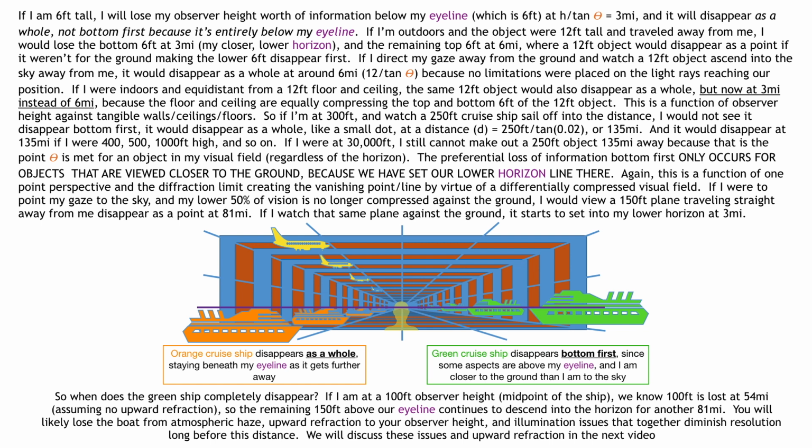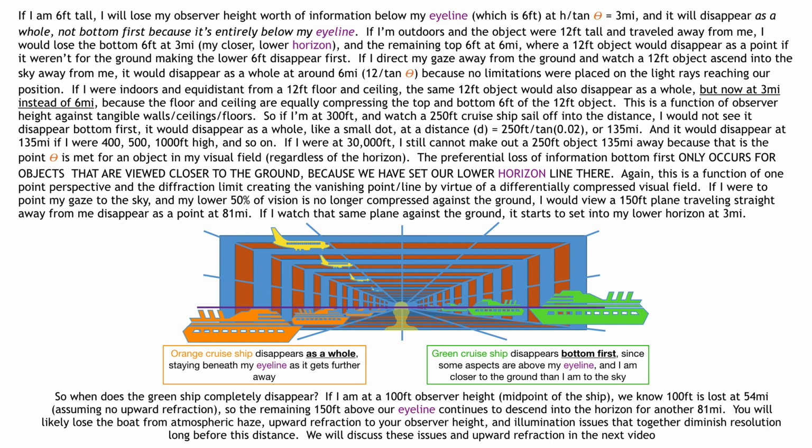So essentially what I want you to take away from this is that if I'm looking at a certain size object that is completely unobstructed against another object, like up in the sky, let's say, I will observe that object get further and further away from me and get smaller and smaller as a whole, and it will disappear as a point, essentially into my vanishing point.